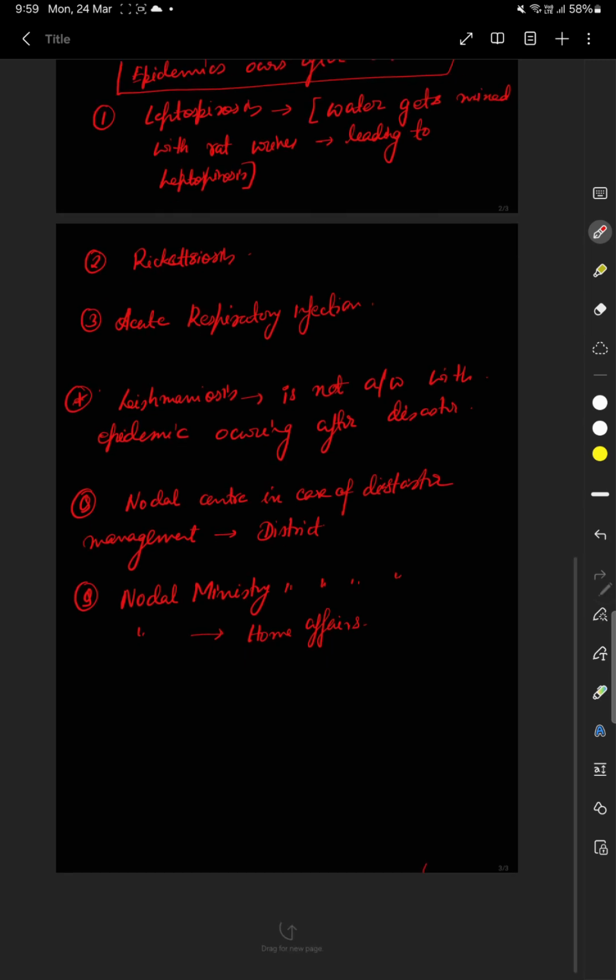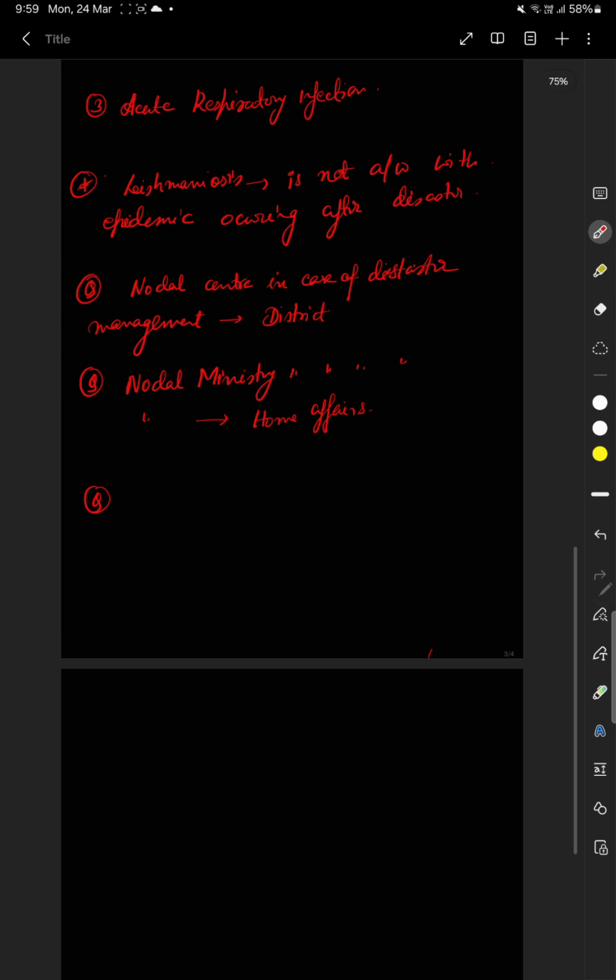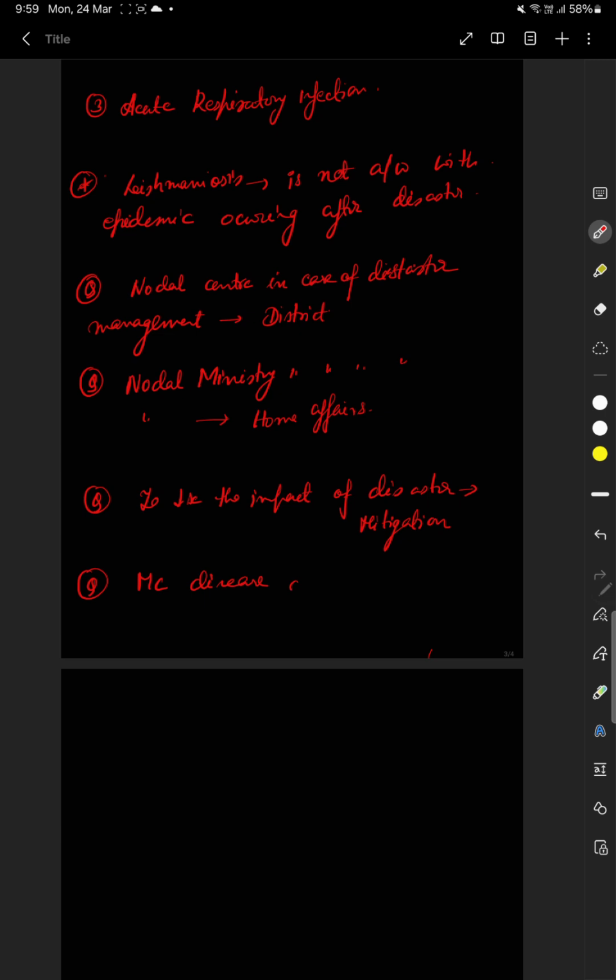Let us understand what questions they ask. All these are questions only. To decrease the impact of disaster is called mitigation. Then the most common disease after disaster is gastrointestinal disease, gastroenteritis.